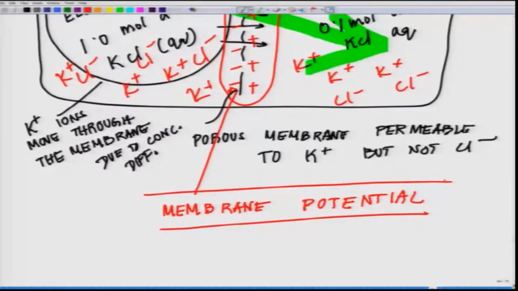Now, very soon, in a few minutes, we will talk about biological cells, the real life cells which are made by nature. Okay. So, this is the genesis of what we call membrane potentials, the development of membrane potentials because of the potassium ion moving through the membrane due to difference in concentration. This puts a small positive charge on the right hand side of the membrane.